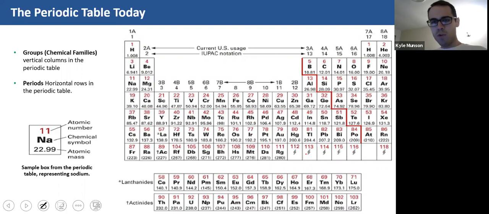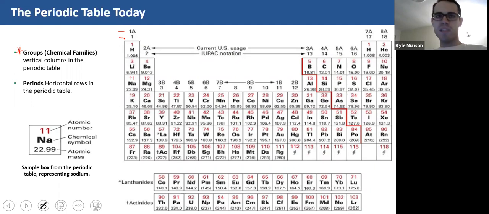And so the groups or chemical families, this is something we mentioned as a goal we should be able to know and distinguish between, are the vertical columns in the periodic table. Okay. So for example, here, this is group 1A or group 1, depends on if you're using US usage or IUPAC notation.